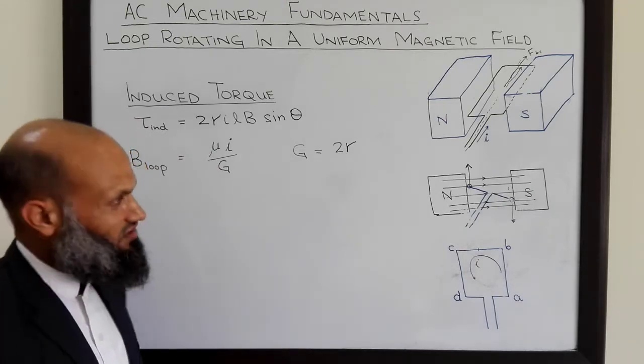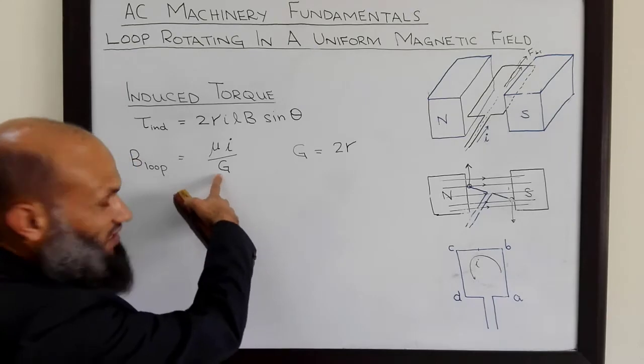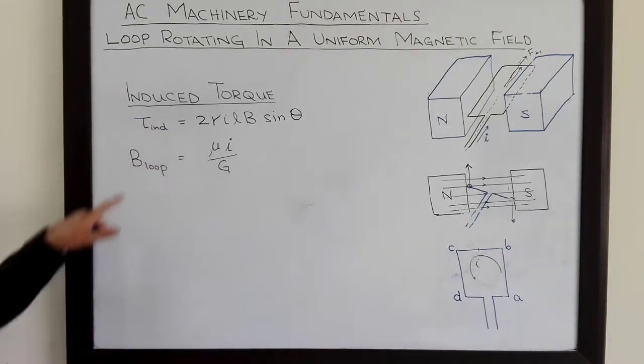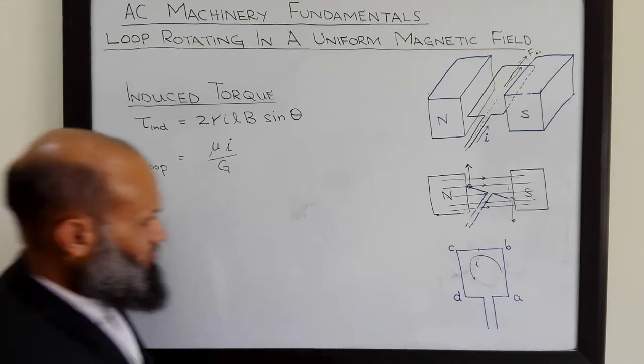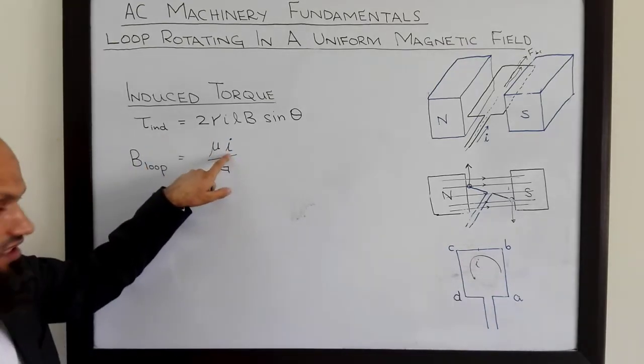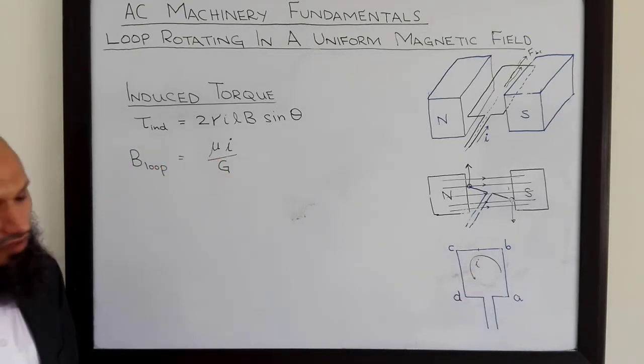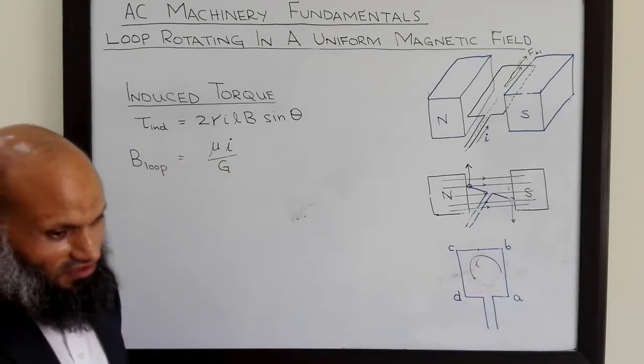However, we are not interested in determining precise expression for this G. So flux density due to this coil depends upon current, geometry of this loop, and upon permeability of the path followed by the flux lines.